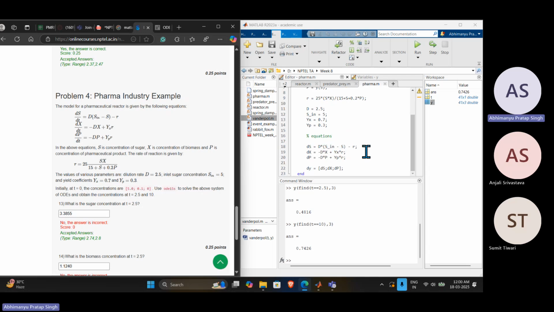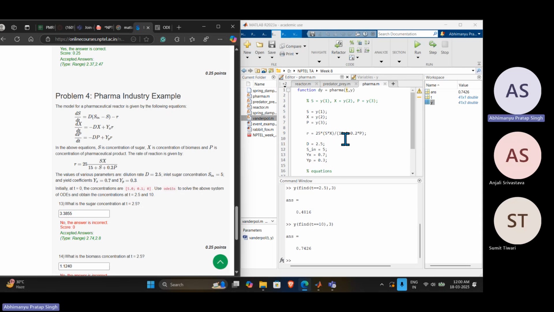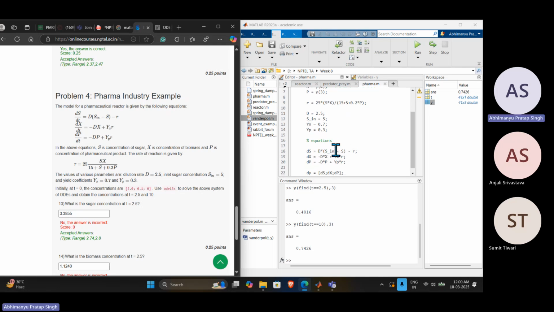D times S in minus S minus R, minus dX plus Yx into R. R is 25 times S X over 15 plus S plus 0.2 times P. This is correct. D times S in minus S minus R, minus dX plus Yx R, minus dP plus Yp R. This is correct.